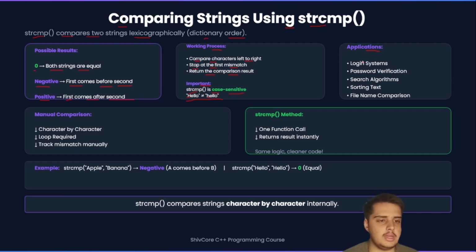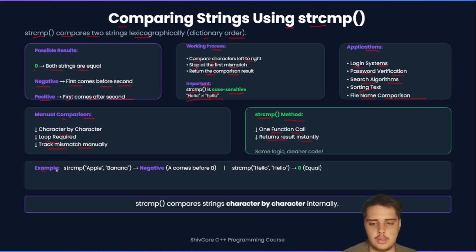Applications of it are login systems, password verification, search algorithms, sorting text, and file name comparisons. The manual comparison goes character by character, a loop is required, and mismatches are tracked manually, whereas the strcmp method uses one function call and returns the result instantly. Same logic but less code.